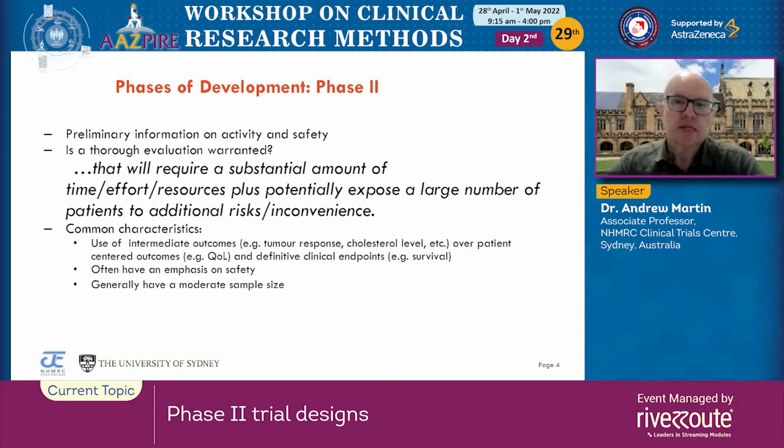So in terms of some of the characteristics of a Phase 2 trial, they'll generally have a more moderate sample size than a Phase 3, and there are at least two reasons, probably more, for that.